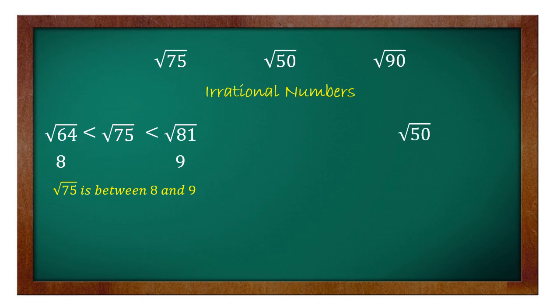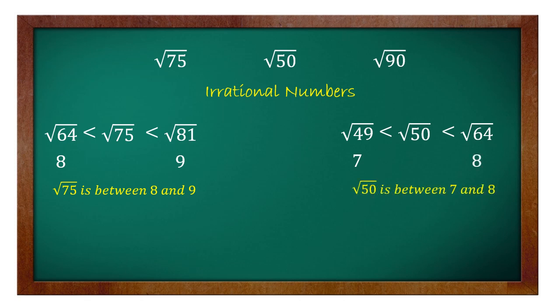Square root of 50. So, mag-iisip ka ulit ng mas mababa at mas mataas na perfect square, pero yung pinakamalapit kay 50. Yung mas mababa kay 50 is 49, and the square root of 49 is 7. Yung mas mataas naman kay 50 is 64, and the square root of 64 is 8.